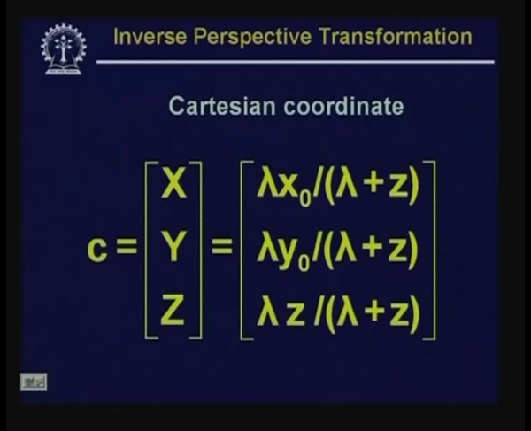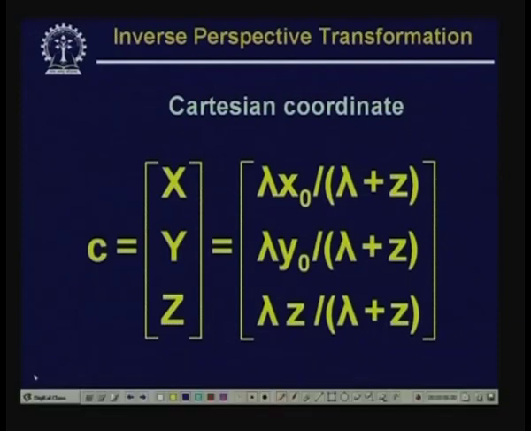So, after doing this division, what I get in the Cartesian coordinate system is W, sorry, here it is not C, it should be W. So, W equal to XYZ, which is equal to lambda x naught divided by lambda plus z, lambda y naught divided by lambda plus z, and lambda z divided by lambda plus z.